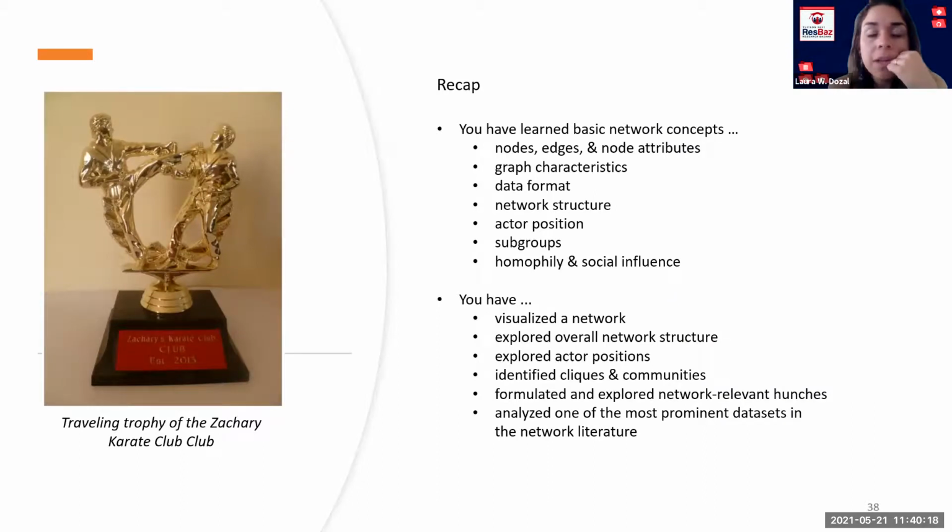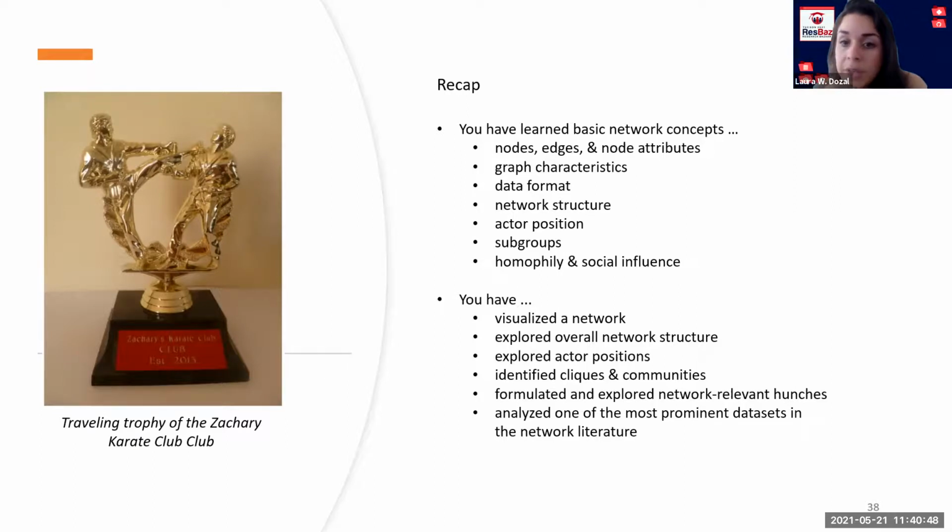Okay, here, just a recap of what has gone on during this workshop. We looked at nodes, edges, and node attributes. We looked at graph characteristics, data formats, network structure, actor position, subgroups, homophily, and social influence. And in R, we visualized a network. We explored the overall network structure, actor positions.